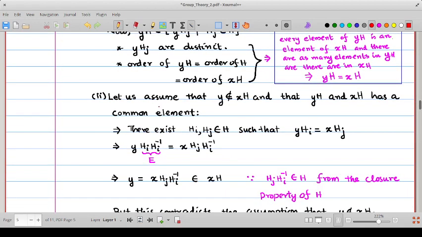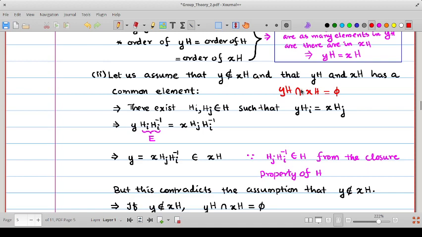Now about the second part of that property. That is, if we consider an element y that is not a member of the coset xH, then we should show that yH and xH will have no common element. So that means the intersection of yH and xH is a null set.